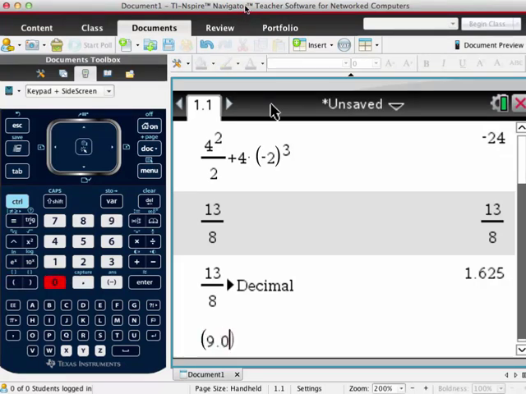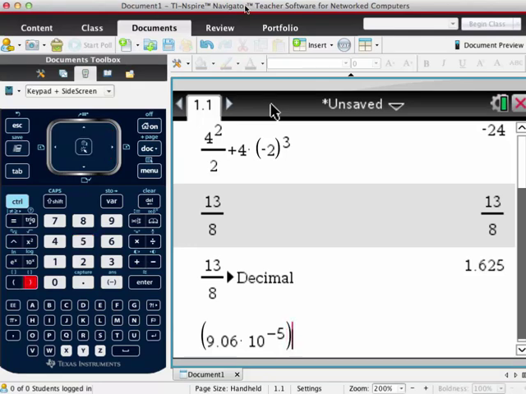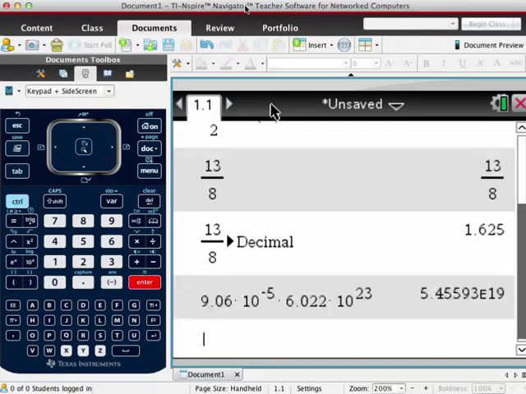So it said 9.06 times 10 to the negative fifth, in parentheses, times 0.022 times 10 to the positive 23rd equals. All right, now how in the world do we read this? Let's try to round it.